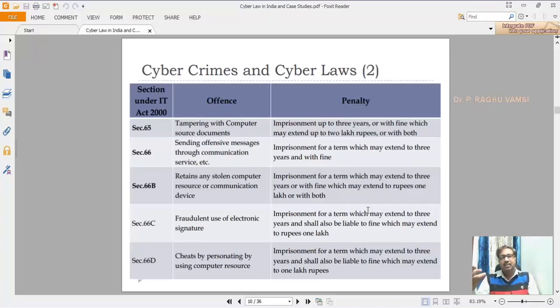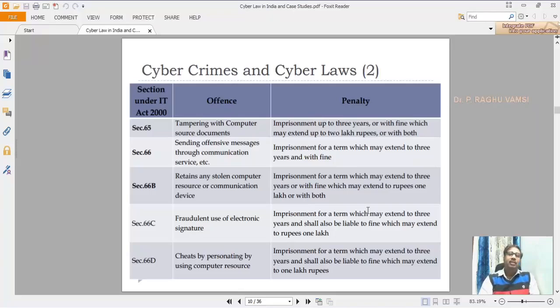So hence, after observing the merits and demerits of 66A along with the Constitution, in the Supreme Court in 2015, 66A was struck off. So from that time onwards, Section 66A is not applicable. But the majority of cases like this, offensive messages and all, will be booked under Section 66.